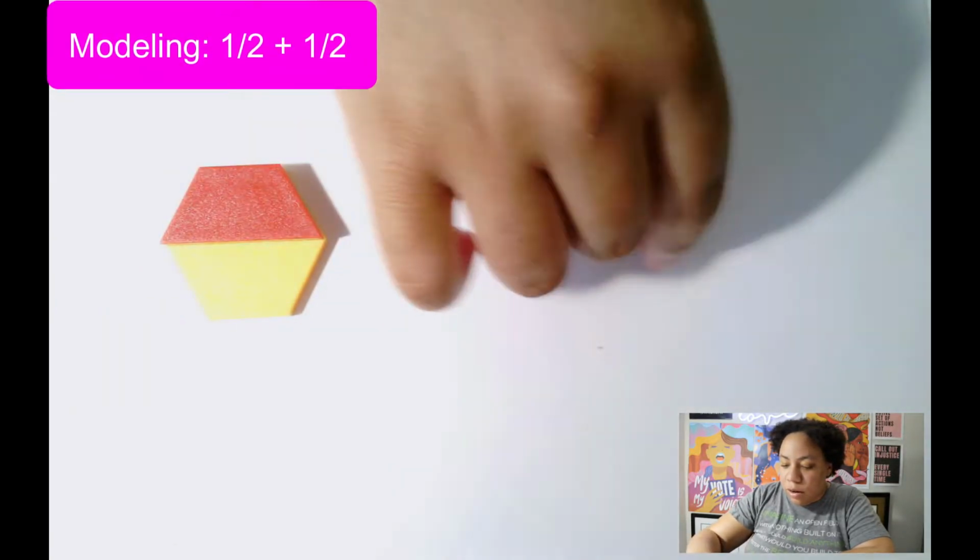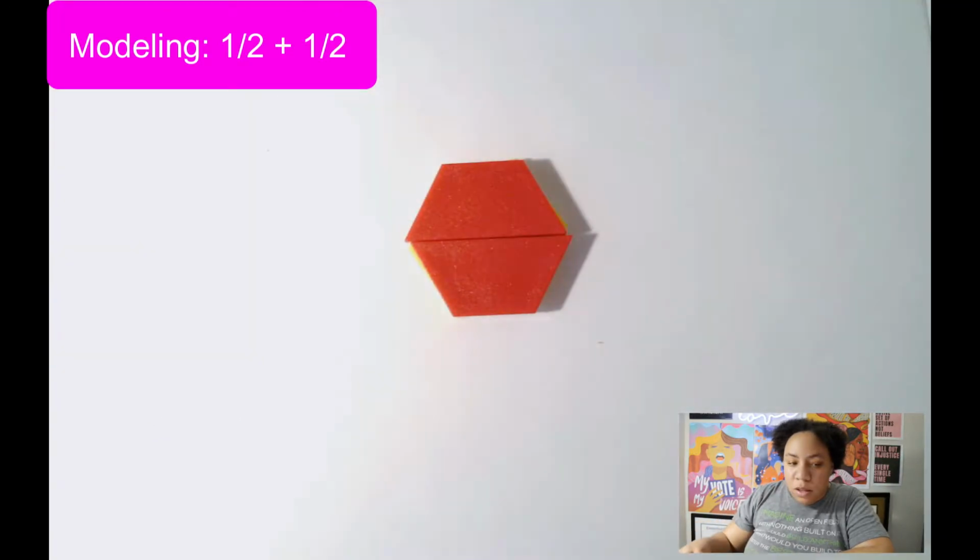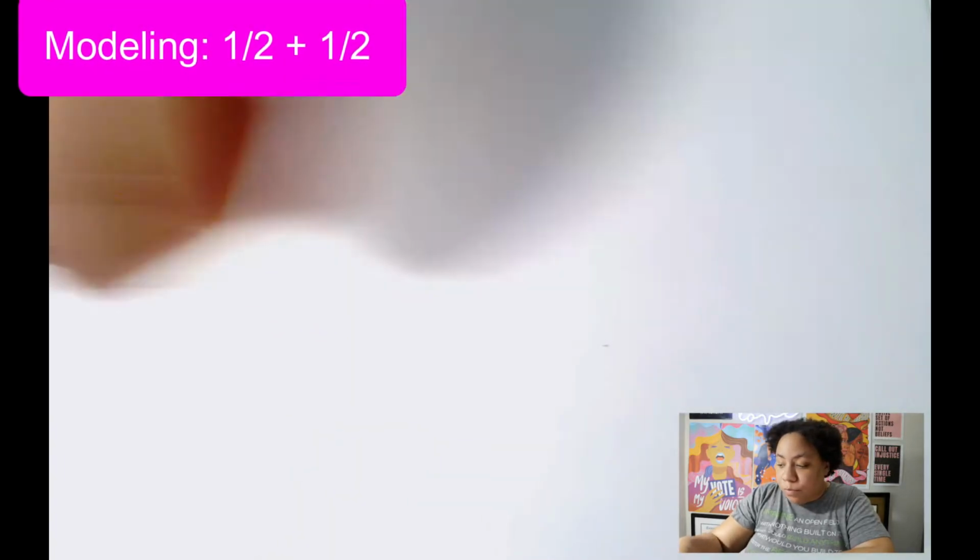Then I layer the 2 halves on top of the whole there, just to show students that's how you add the fractions. Okay, now that is if you have common denominators, right? But what if you have two denominators that are different?